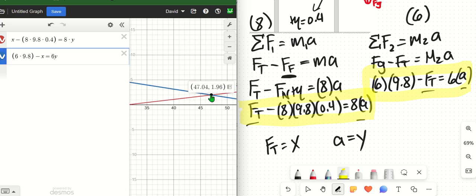So my answer is going to be that when my force is 47.04, my acceleration is 1.96. And that's how we get our answer.